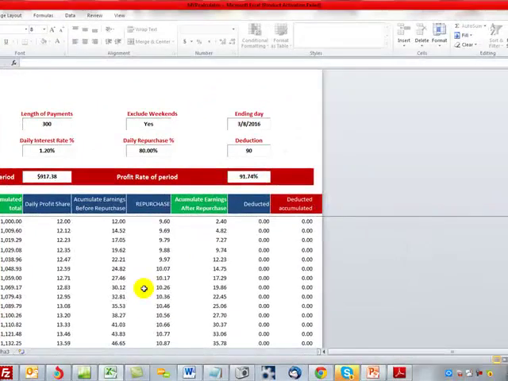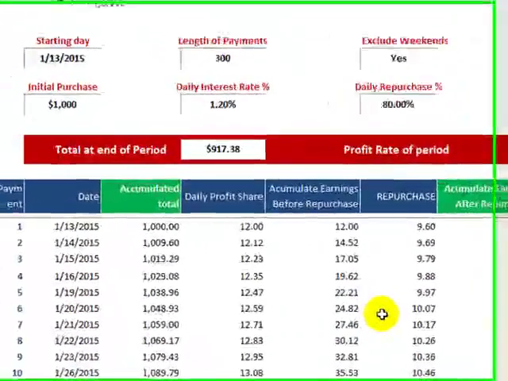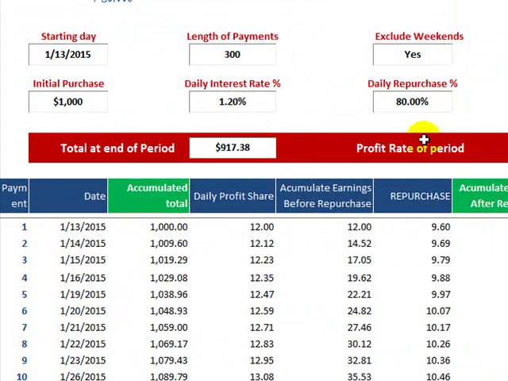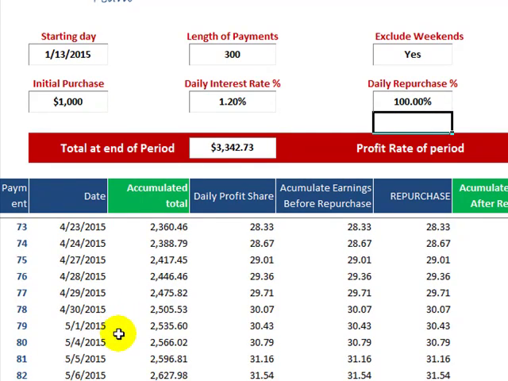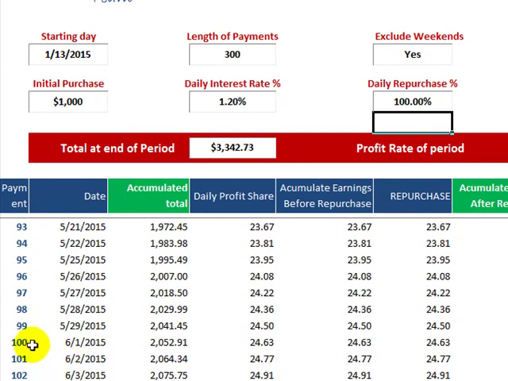The fastest way to grow your account, if you don't need your money, if your money is sitting in a savings account earning 1% a year, if you can leave your money in here for the first 90 payments without touching it, leave it in there for 100%, because after the 90 payment, okay, you would have tripled your money.